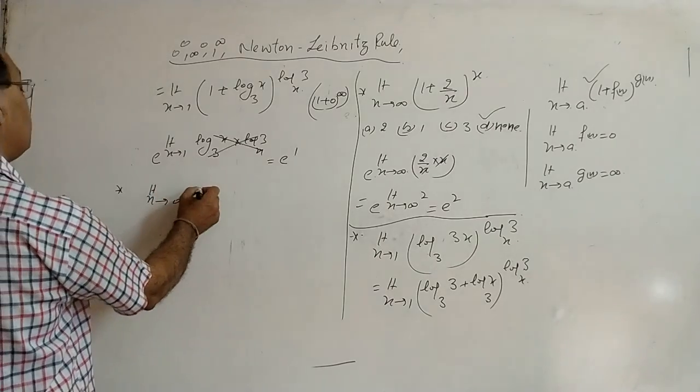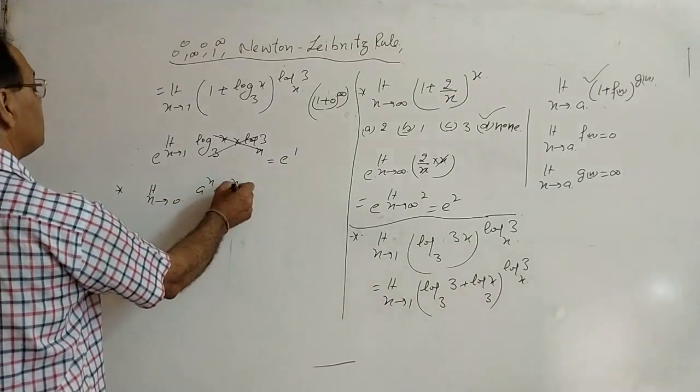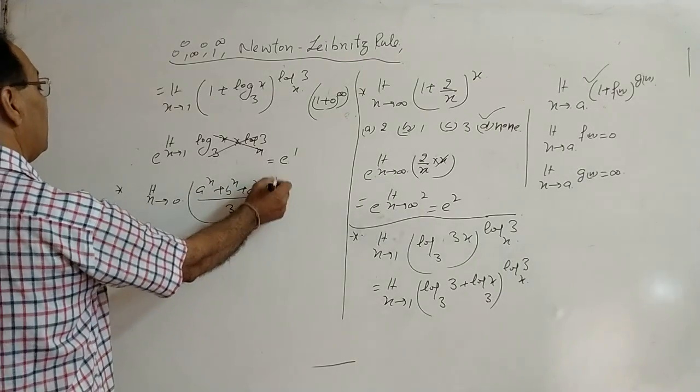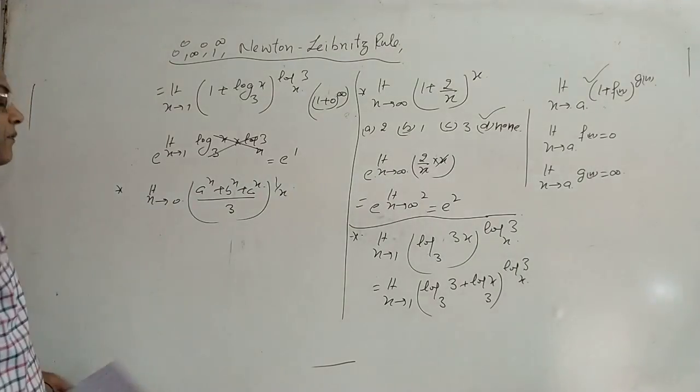Limit x approaches to 0, a raised to power x plus b raised to power x plus c raised to power x divided by 3, and its power is again 1 by x.